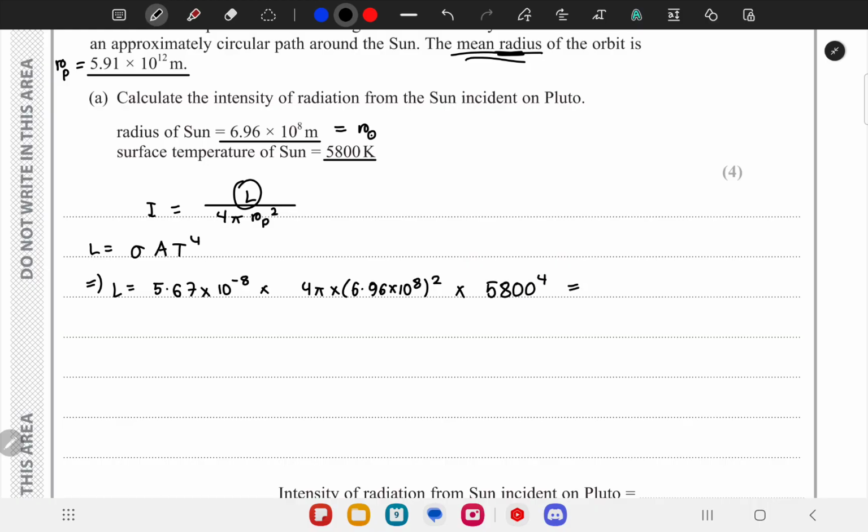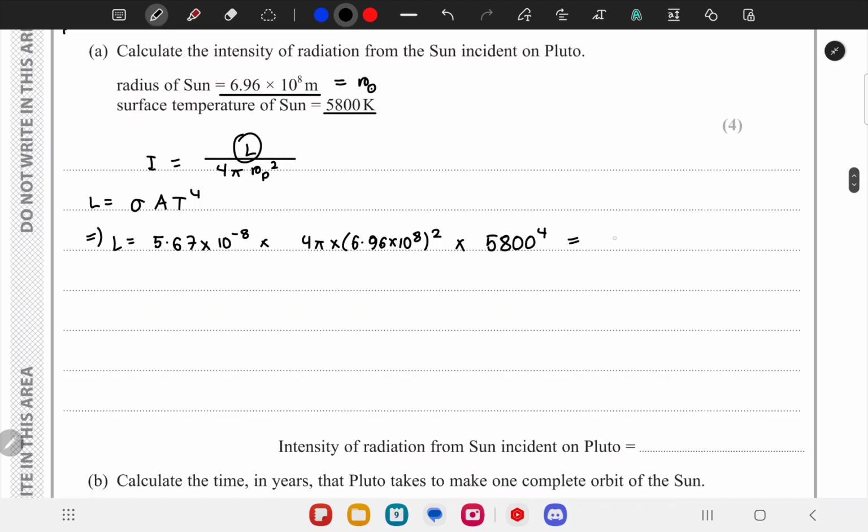So if we calculate this, the luminosity of the sun would come out to be 3.906 × 10^26 watts.